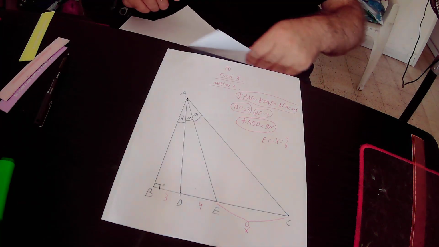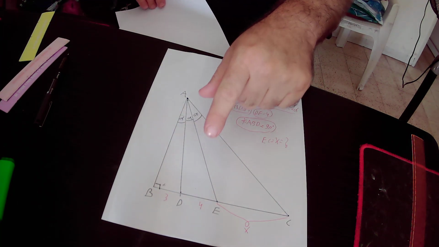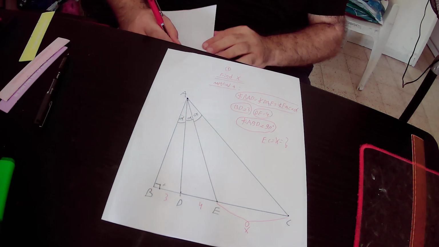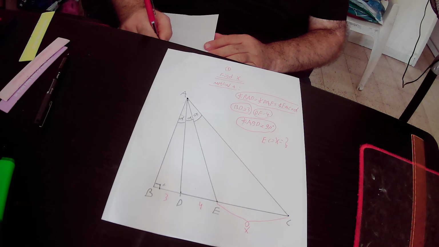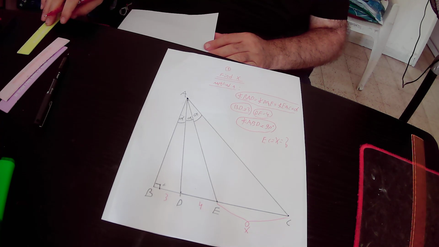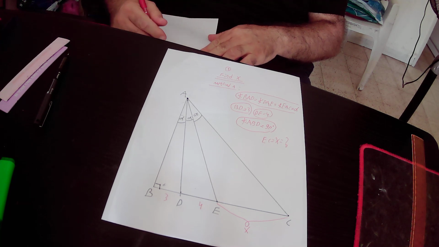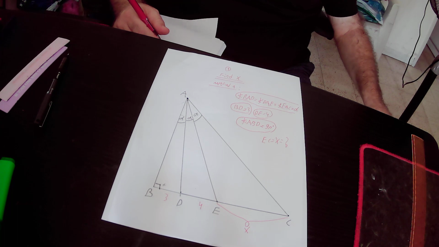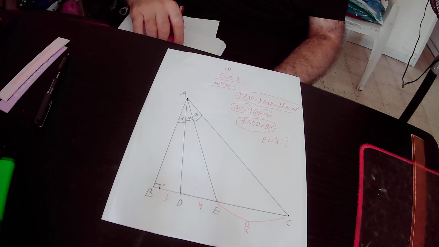So we will continue to focus on the right triangle ABE. In the right triangle ABE, according to the Pythagorean theorem, the square of the hypotenuse equals the sum of the squares of the perpendicular sides.